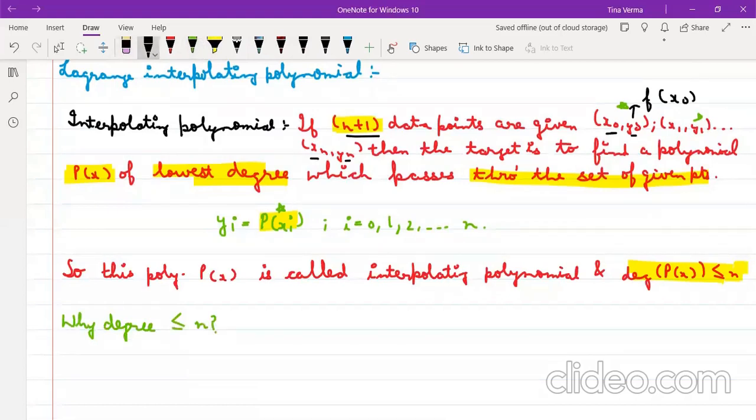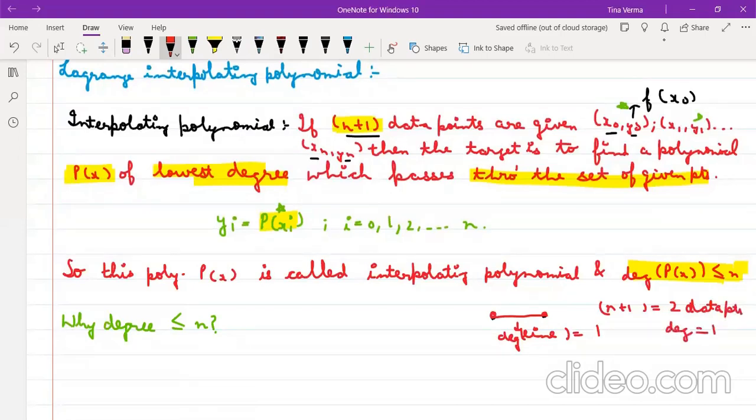Suppose you have two data points, so this will be a line. What will be the degree of this line? You know that the degree of a line is 1. That means you have n plus 1 equal to 2 data points, and you have the degree as 1. So the degree of p(x) is equal to 1.